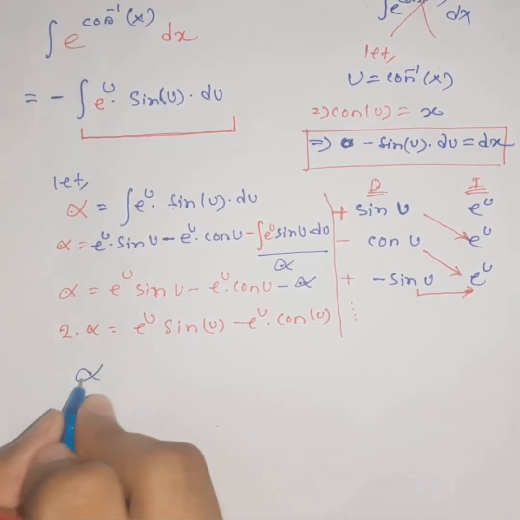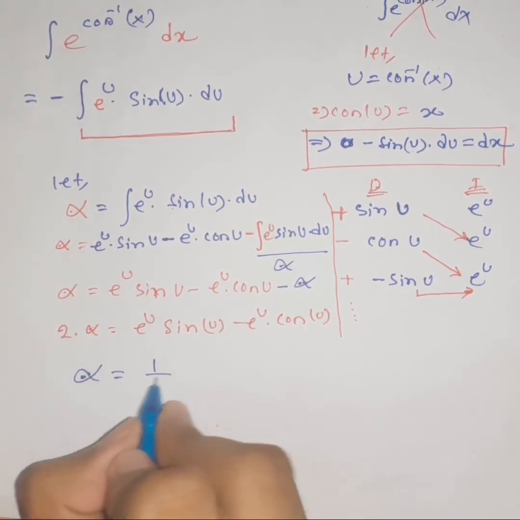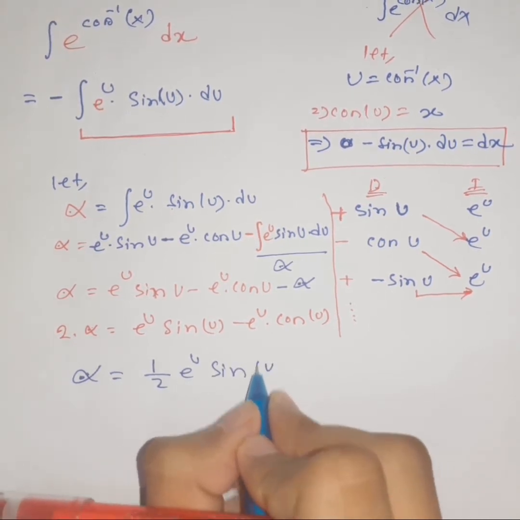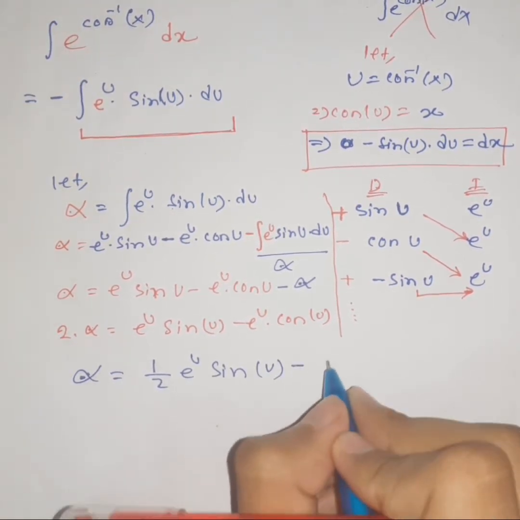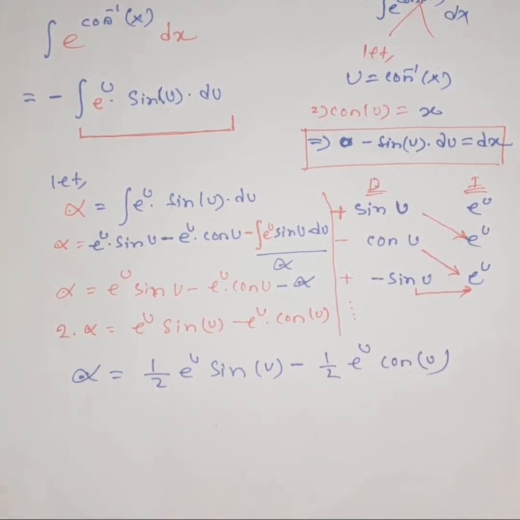So this is the result for the fish: half e to the u sin of u minus half e to the u cosine of u.